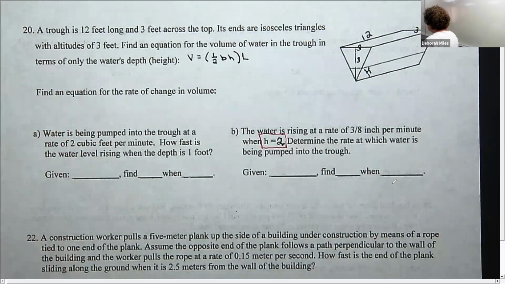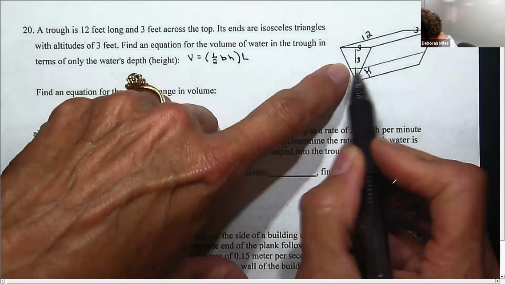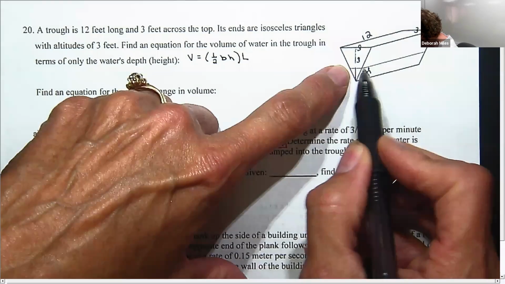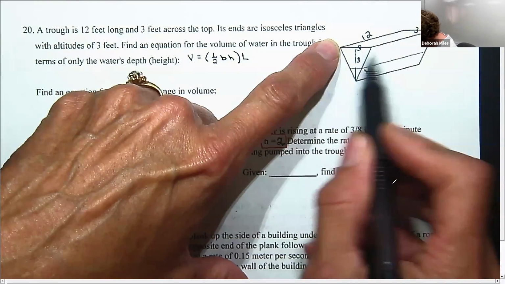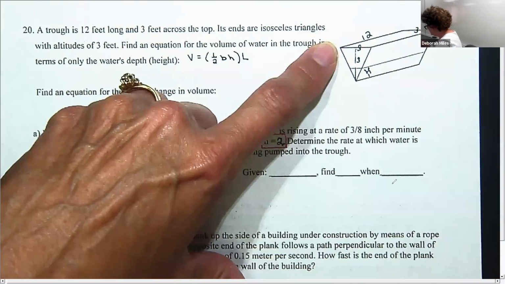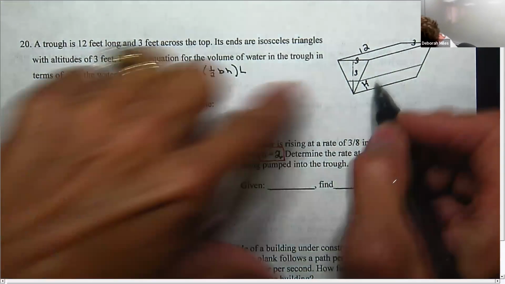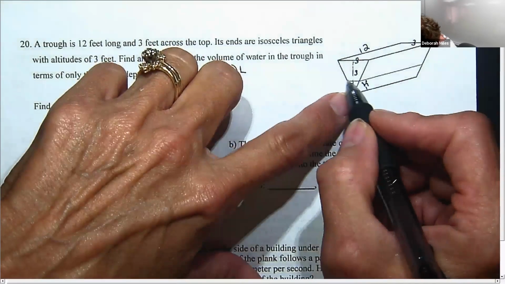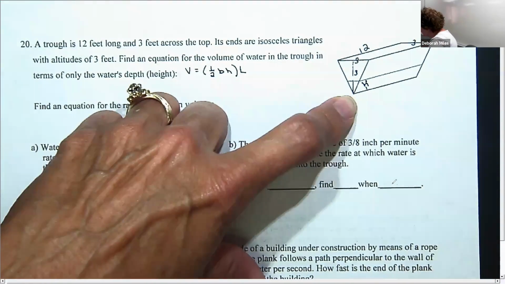The base, well, when the water's low, the base is smaller than if the trough is full. So the height definitely changes as I add water. The base of this little rectangle, the size of the rectangle at the end of the water changes, but what doesn't change?